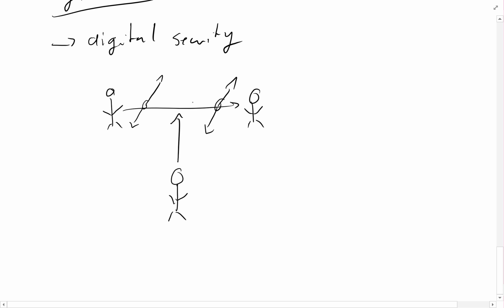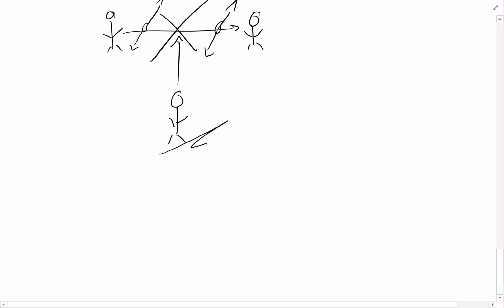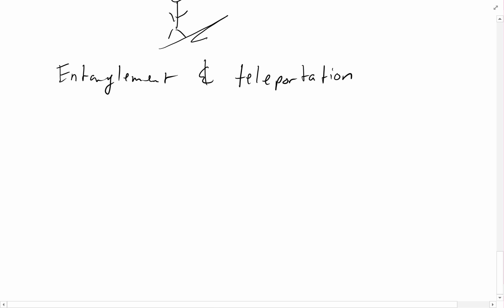However, we learned in quantum mechanics that you can't measure a superposition state without affecting it. So, this person will not be able to hack into a system without changing the state of the system. The properties of entanglement and quantum teleportation have been used to demonstrate increased security through communication.